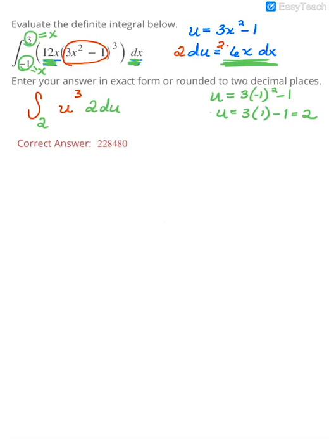And then if I take the x equal 3 from the top and I plug it in, I'm going to have u is equal to 3 times 3 squared minus 1. So my u would be 3 times 9 minus 1. So 3 times 9 is 27, minus 1 would leave me with 26. So that upper number would be a 26.